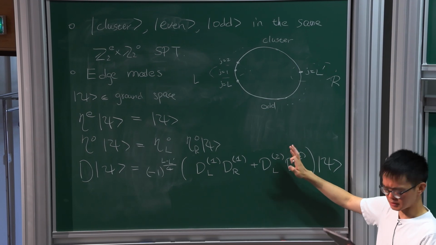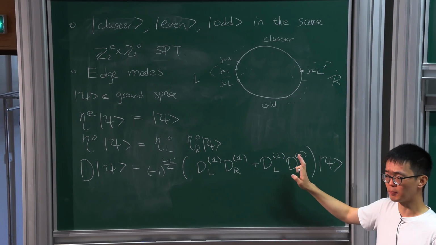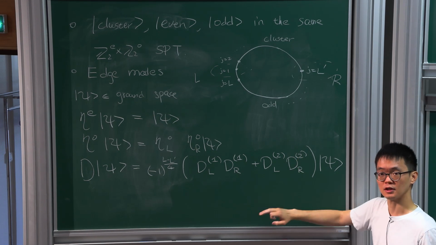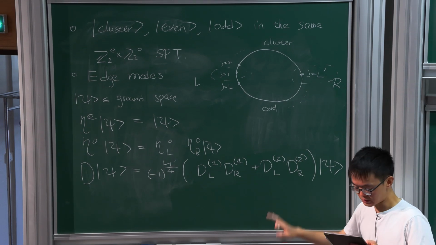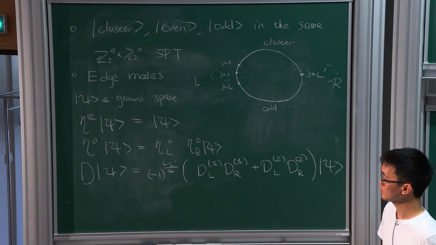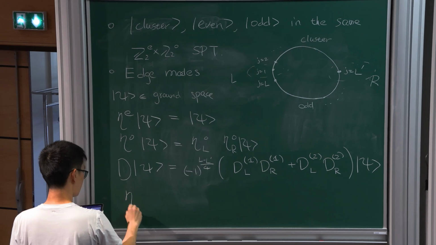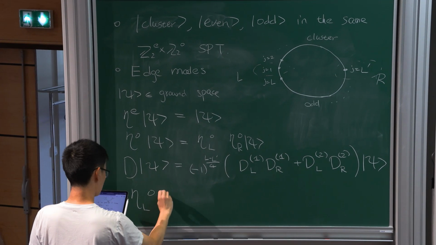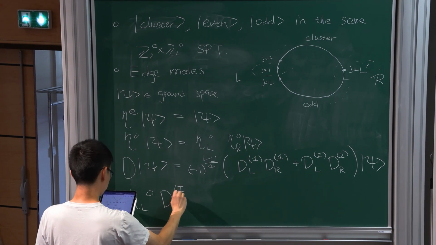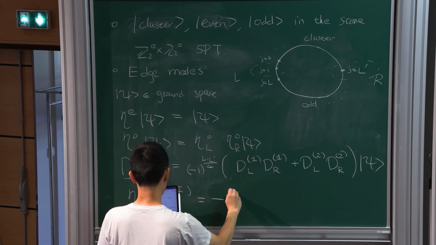All these factors are some product of x and z, some simple Pauli operators. But let me not write the details. And the moment you have this, you can check that eta left odd, d left I, is to minus.